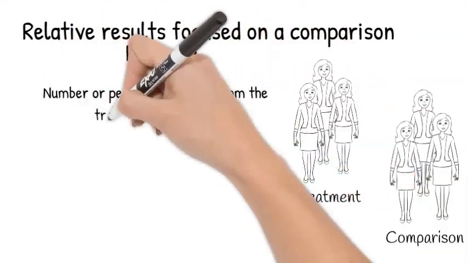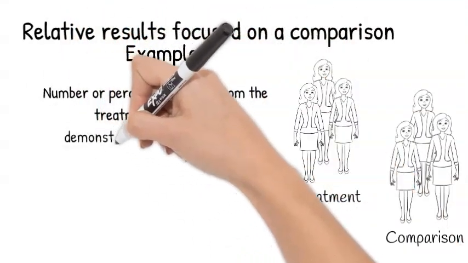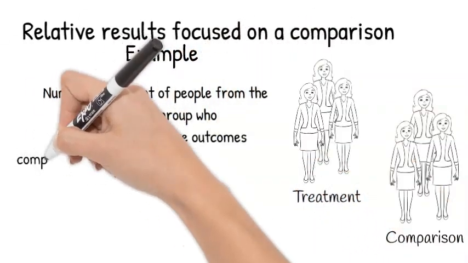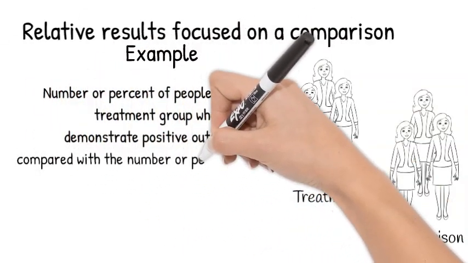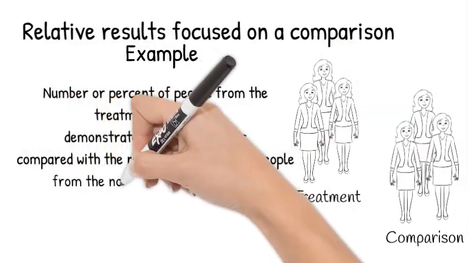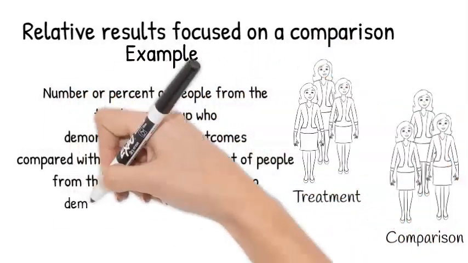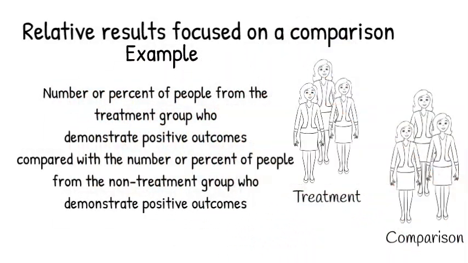An example would be comparing the number or percent of people from a treatment group who received programs and services with the number or percent of people from a non-treatment group who also demonstrate positive outcomes. What you're looking for here is a difference between the average outcomes of the treatment group and the comparison group.